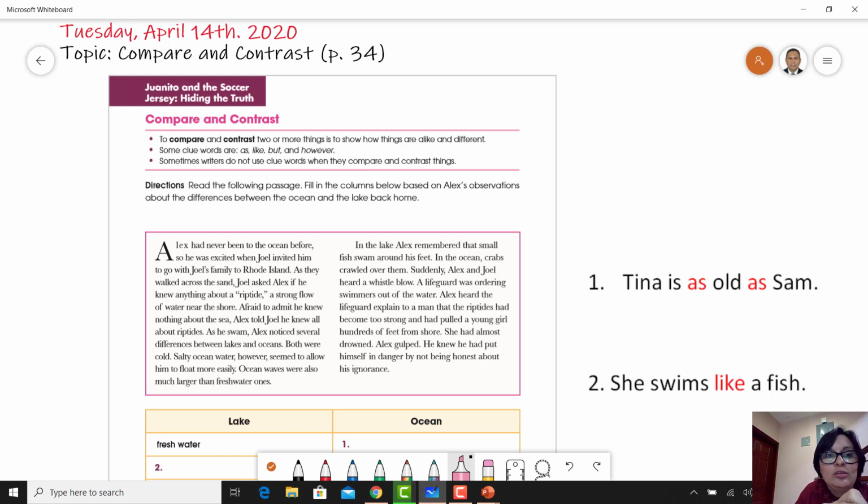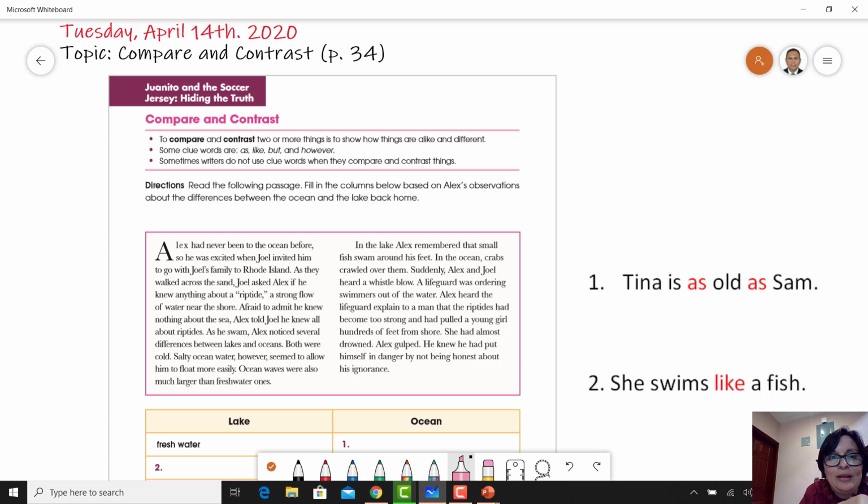So we are going to highlight which one is in the first point. Let's read the first point first. To compare and contrast two or more things is to show how things are alike and different. In all that sentence, which ones are the clue words, the most important words that you have to remember?